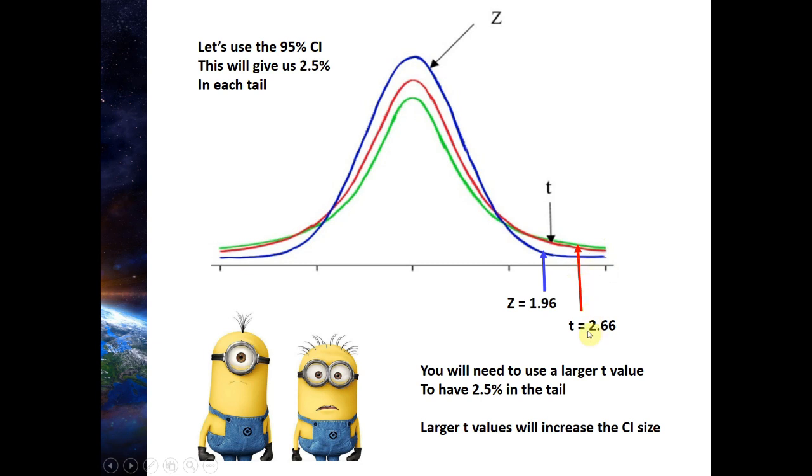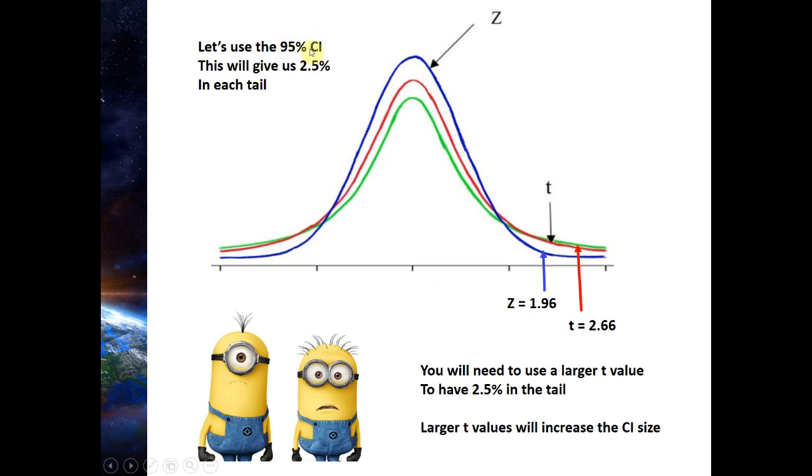Now, I just made up 2.66. I don't know if it's 2.66, sounds good to me. I would need to know the degrees of freedom in order to know exactly what this number is. But the point is, you can see that your t value is going to have to be bigger than the z value for the same confidence interval.